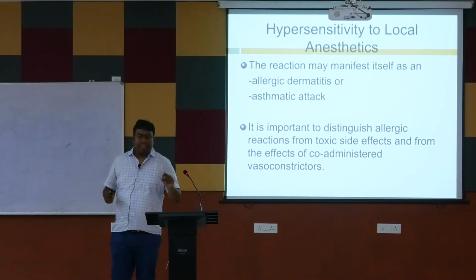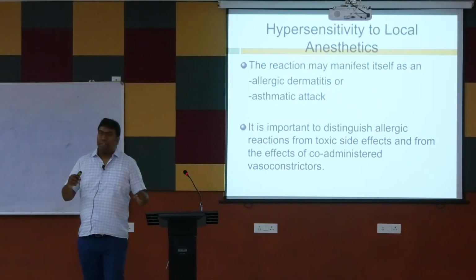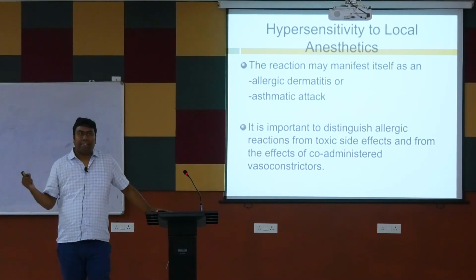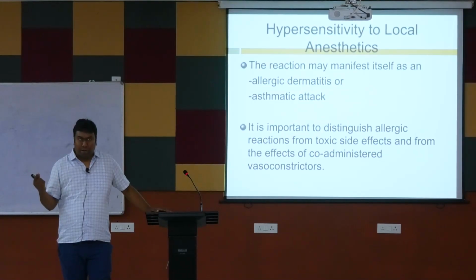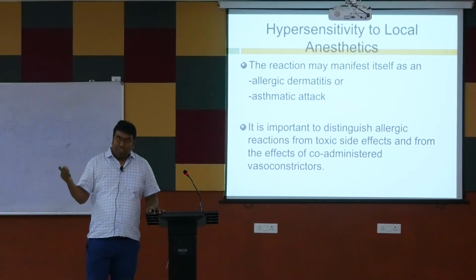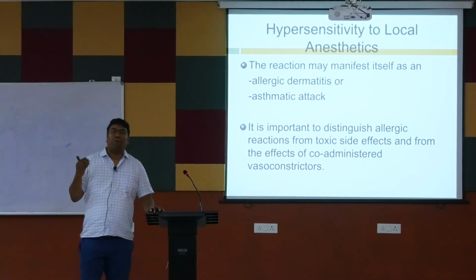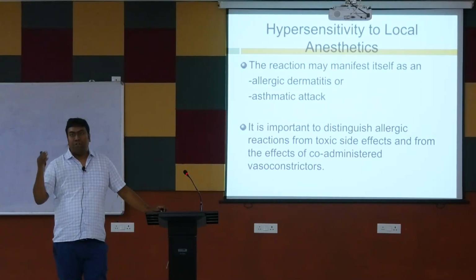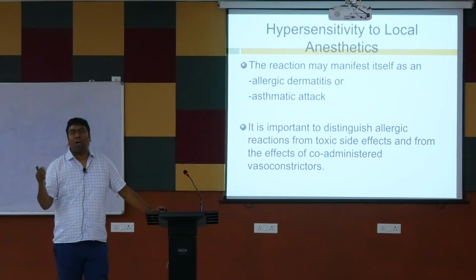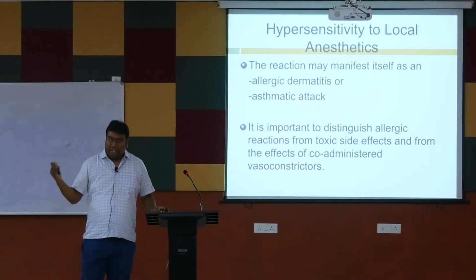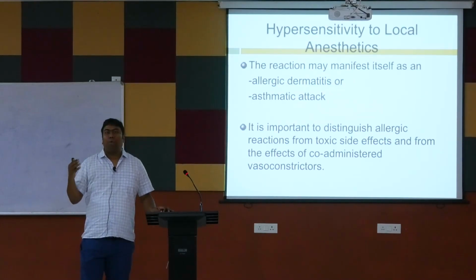Another thing is that most of these local anesthetics, other than cocaine, have a vasodilatory property. So what happens if we use them along with a vasoconstrictor? Name some vasoconstrictor: adrenaline. If we use lignocaine or other local anesthetic along with adrenaline, what happens?